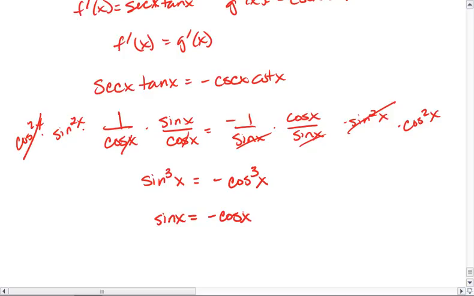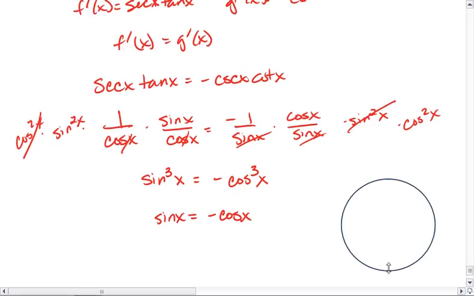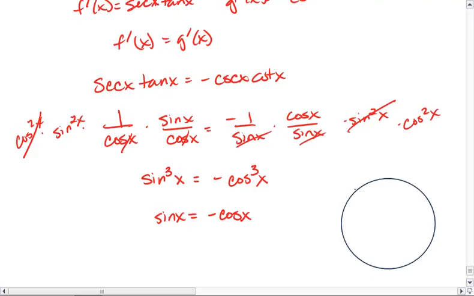If we were to pull up our unit circle, we would see that sine and cosine have the same values at the 45s, but that sine equals negative cosine at these 2 points.